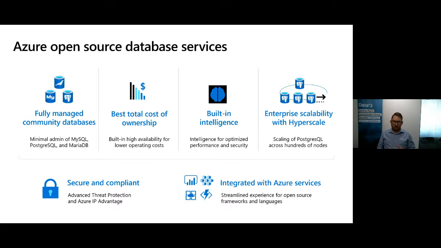It can help with lowering the total cost of ownership by managing those for you in a PaaS-like instance, also with all that intelligence around performance and security built into it. Also, a few years ago, there was a product in the market called Citus Hyperscale, which was the PostgreSQL scaling engine, to allow scaling of PostgreSQL databases.